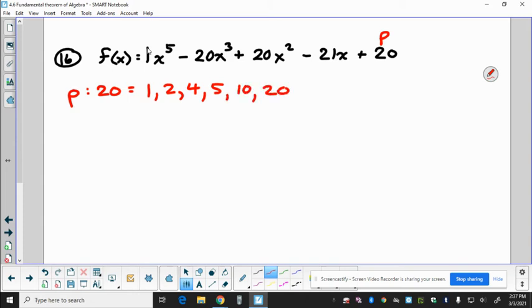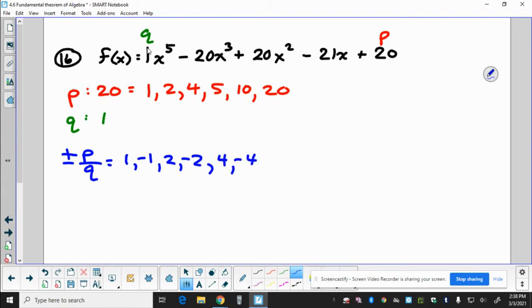There they are. Q is 1. Makes it easy. Let's go ahead and list all possible rational numbers that are solutions. And it's just going to be the P values, positives and negatives.